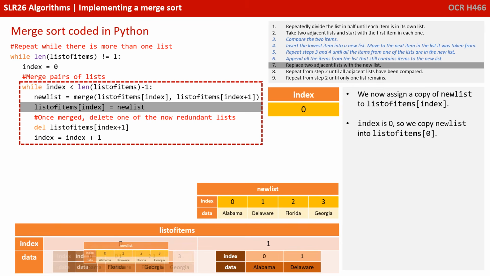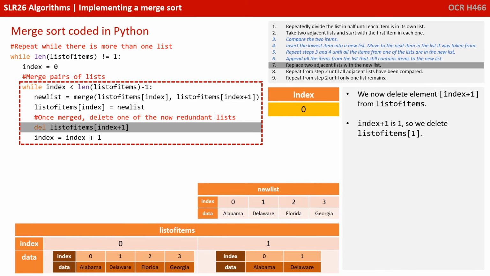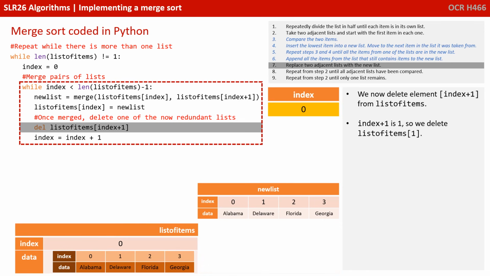Back in the main program, we now assign a copy of the new list to list of items index. Index is 0, so we copy new list into list of items element 0. We now delete element index plus 1 from list of items.